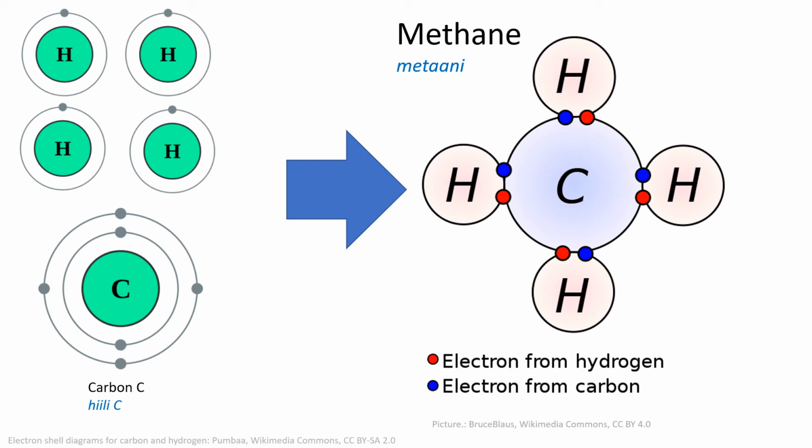Carbon is remarkable for the very large number of compounds which it forms with the other elements, especially with hydrogen. Methane is one of the most important of these hydrocarbons, hiilivedyt. As we just saw, hydrogen as a first row element follows a duet rule.